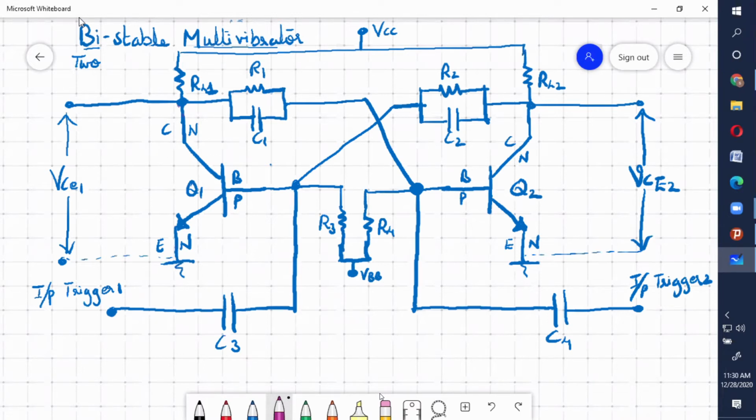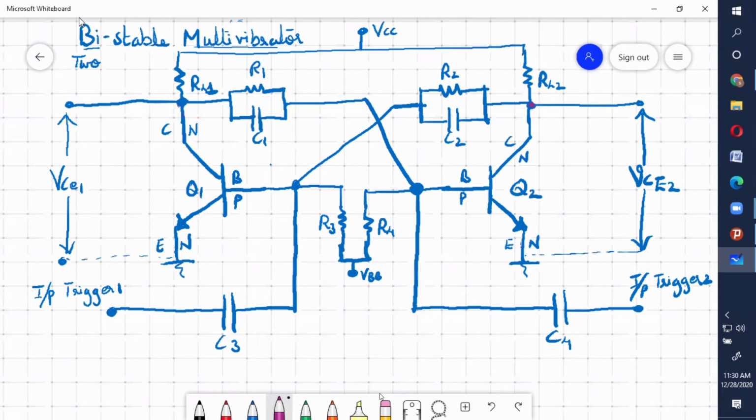If closed, then the collector and emitter will join together. What will be the value of the output at the collector of Q2? That is VCE2. It will be how much when collector and emitter are shorted for Q2? Zero. Understood, students? Okay.